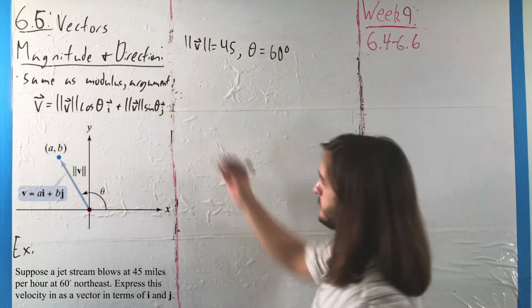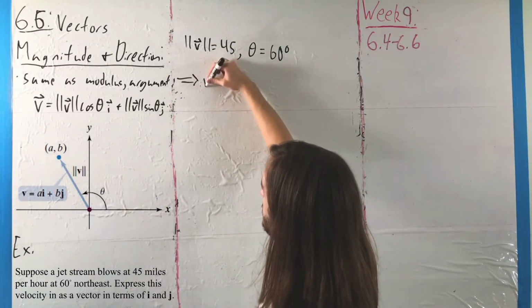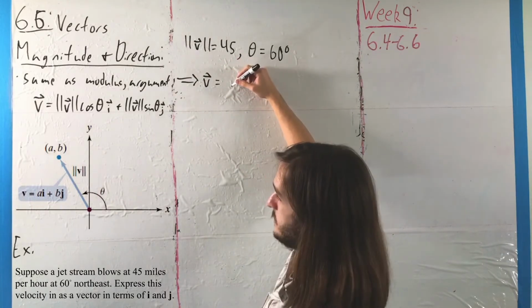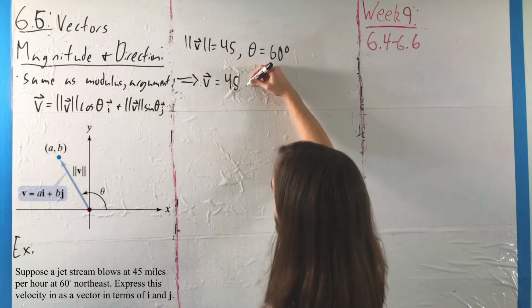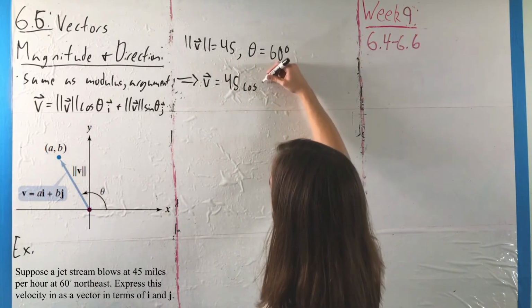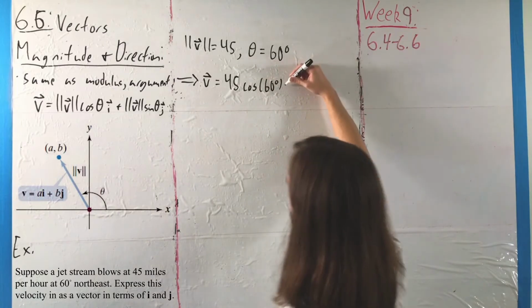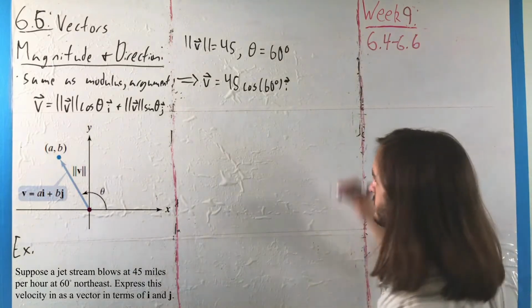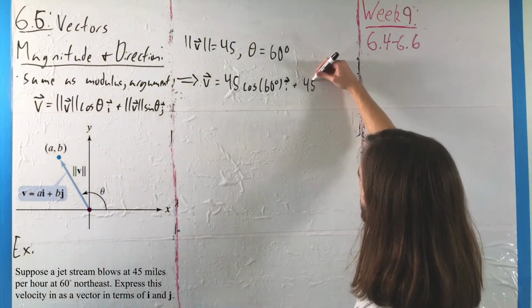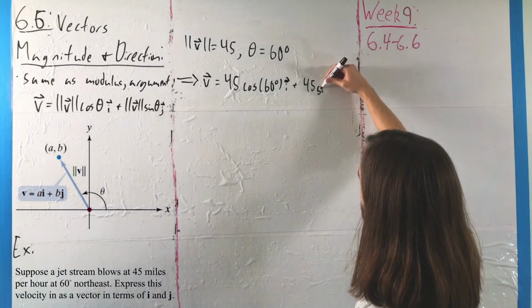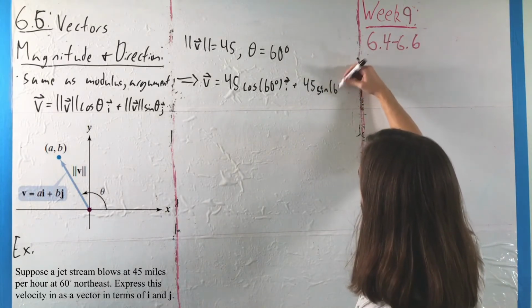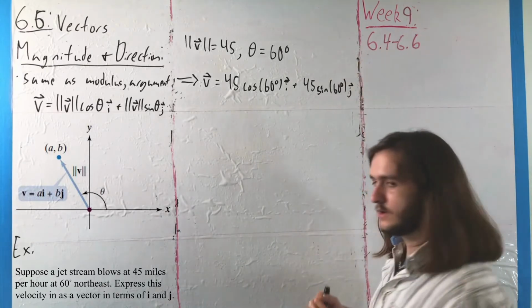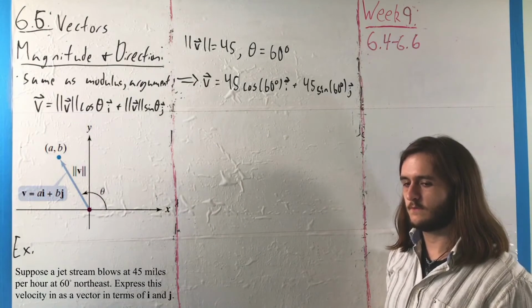Anyway, with that in mind, we can write our vector v using that approach in terms of the magnitude, which here is that value, 45 miles per hour, times cosine of 60 degrees as our horizontal component, plus 45 times sine of 60 degrees times the vertical component.